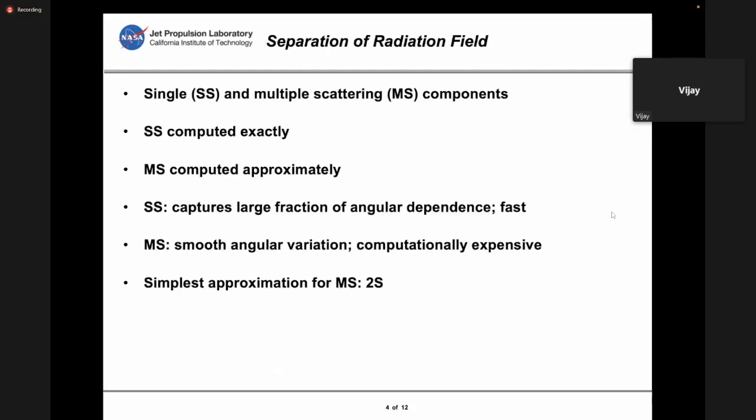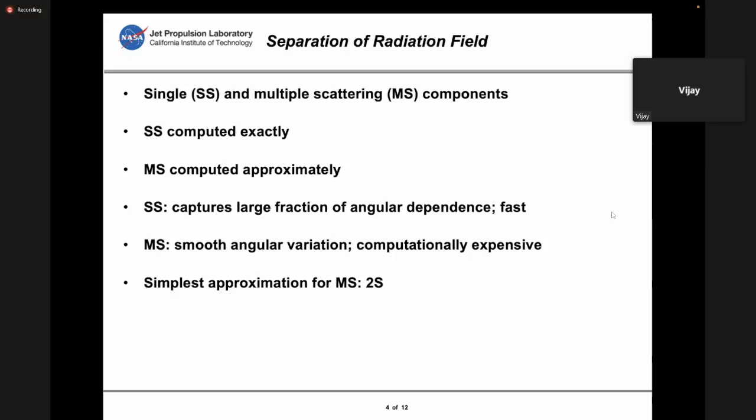The methodology used in this work to improve computational efficiency is to separate the radiation field into single and multiple scattering components. This idea was first proposed by Min and Harrison in 2004. In this approach, single scattering is computed accurately and multiple scattering is calculated approximately. The logic is that the single scattering calculation, which often captures a large fraction of the angular dependence of the radiance, is fast.